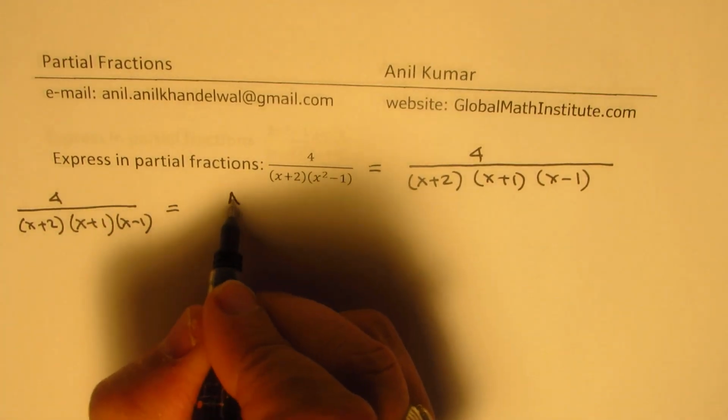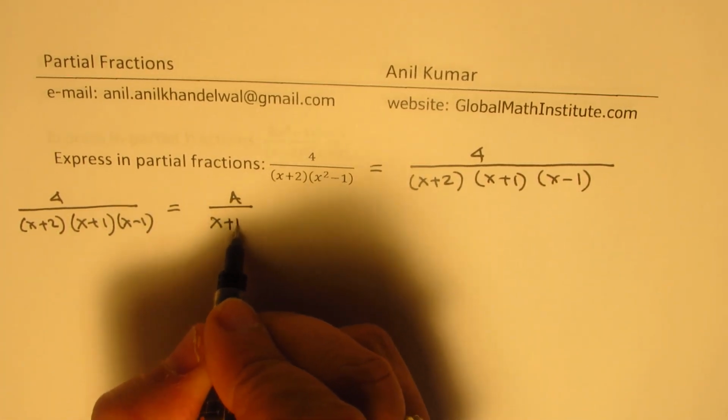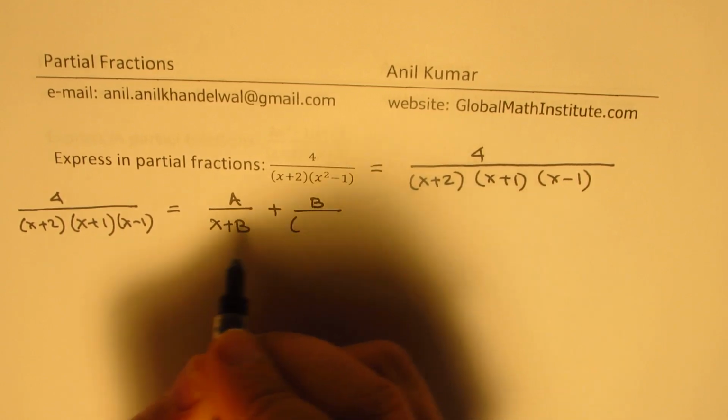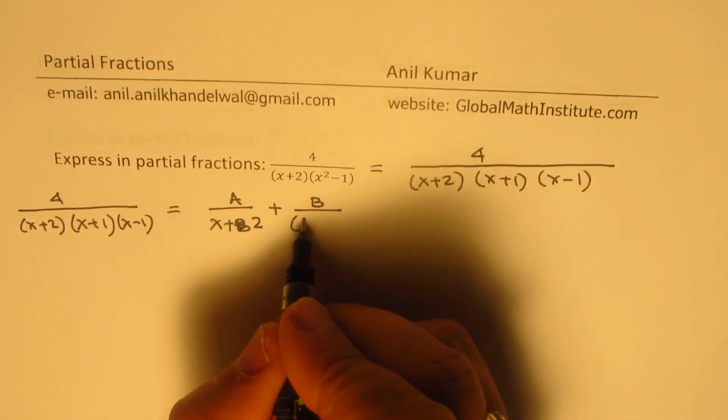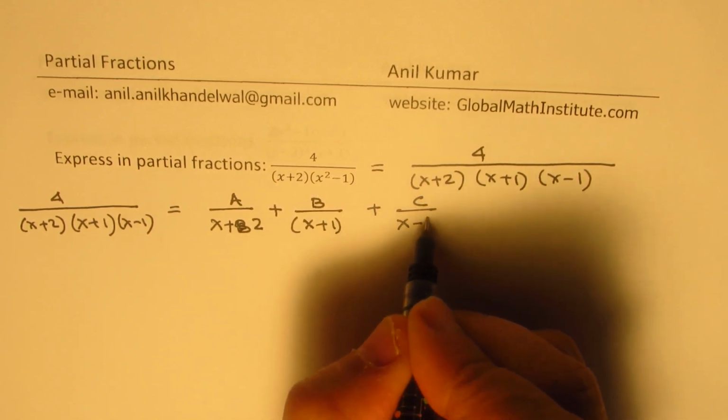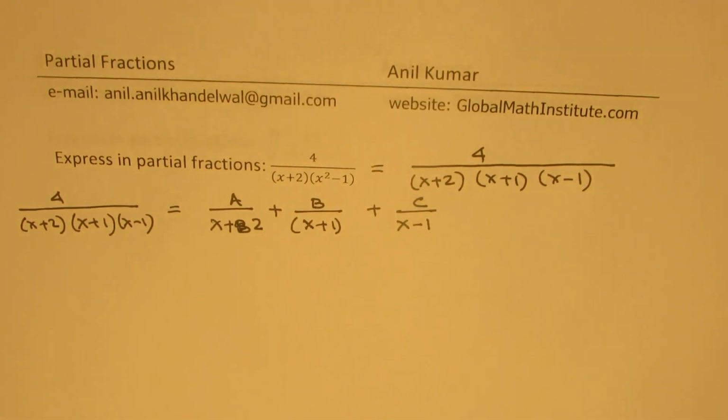All right. So this expression, which is 4 over x plus 2 times x plus 1 times x minus 1, can be written as a over x plus 2 plus b over x plus 1 plus c over x minus 1, right?